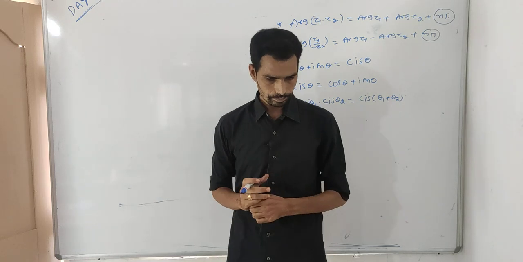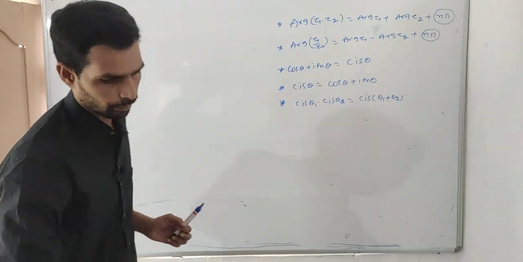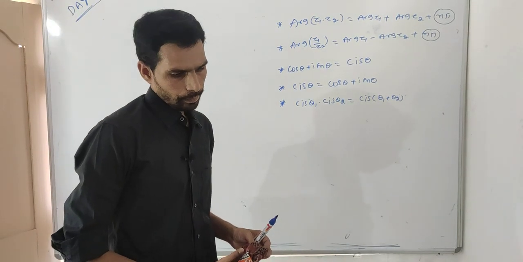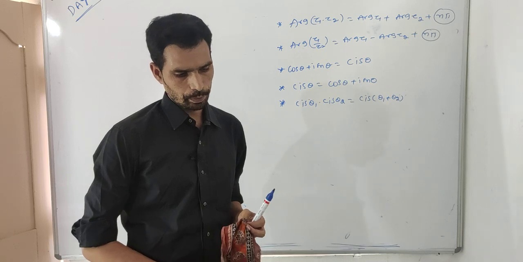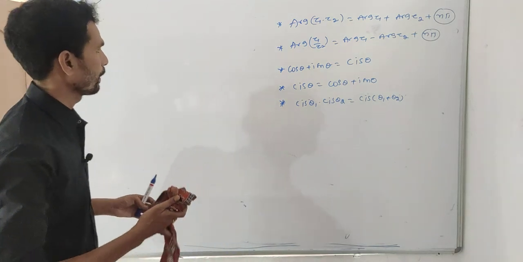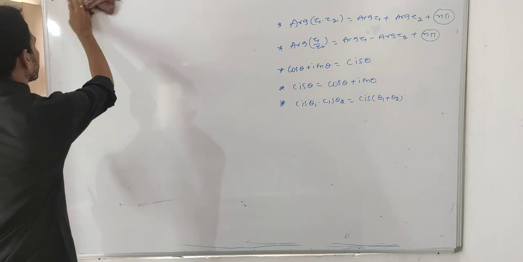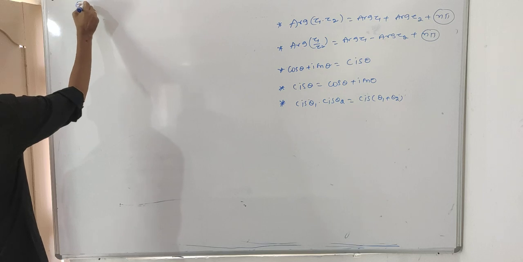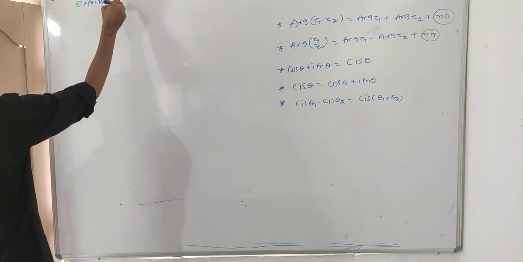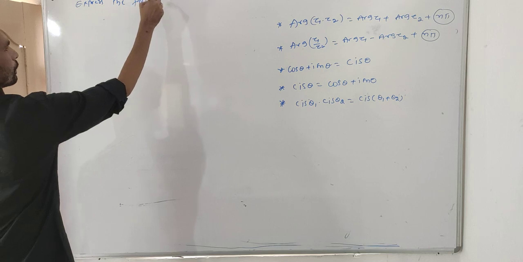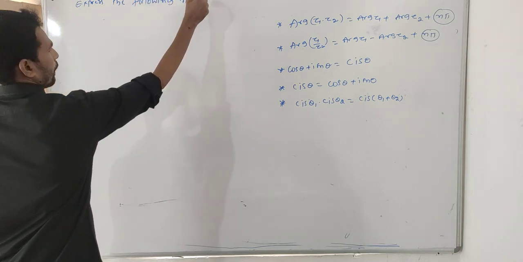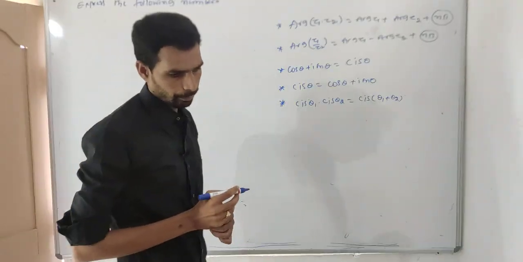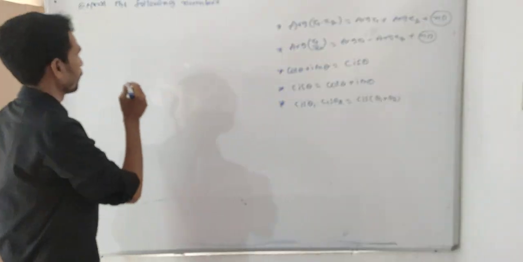Write a problem, important for entrance and 2 marks problem. Exercise 1C, first bit, first problem. Express the following numbers in modulus amplitude form.